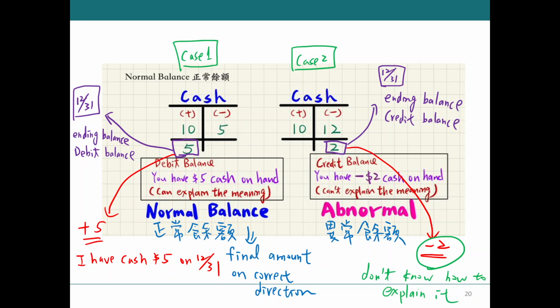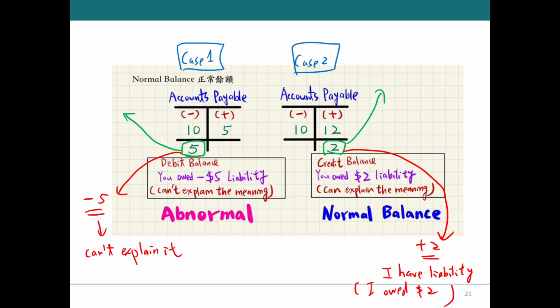We can say I have cash. For minus, I don't know how to explain it. For liabilities, minus 5, I cannot explain it. Plus 2, I can say I have a liability. I owe someone money, $2. So which side? Increase side, plus side. When the final amount increases, plus, I can explain it. Negative, I don't know how to explain it.